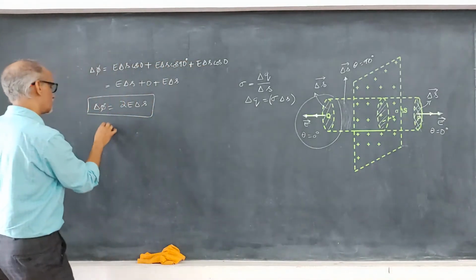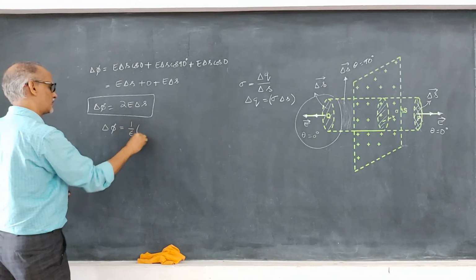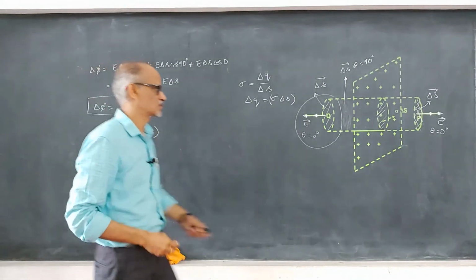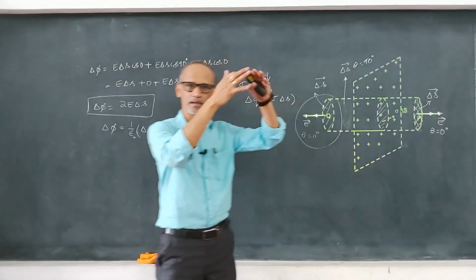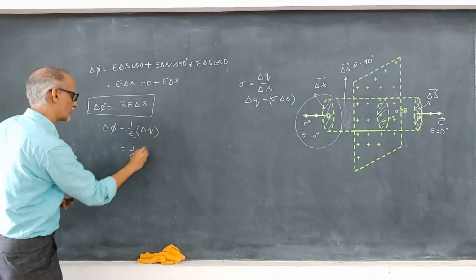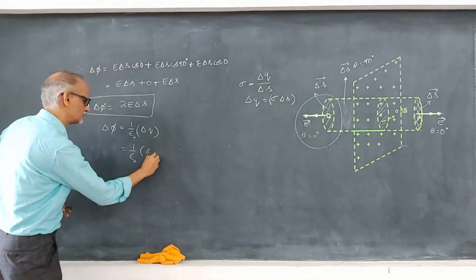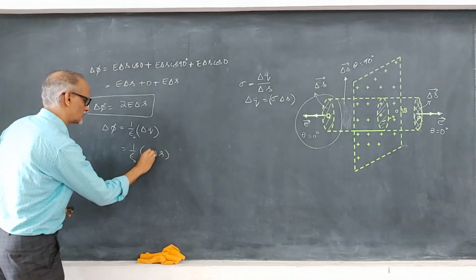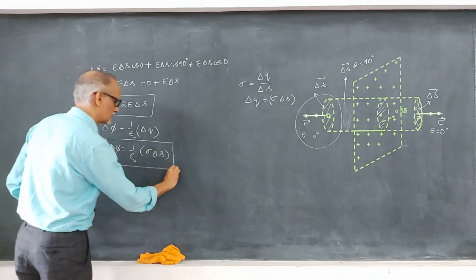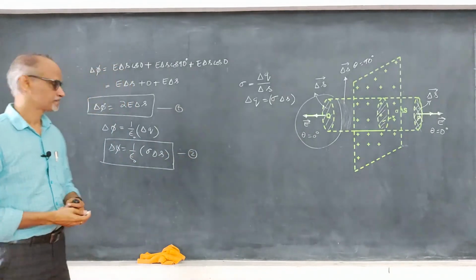Now, according to the Gauss theorem, the flux is equal to 1 by epsilon naught times the total charge enclosed by the closed surface. Total charge enclosed only, not on the entire sheet, which is delta Q, that is 1 by epsilon naught into delta Q, which is nothing but sigma into delta S. That gives you the flux through the entire Gaussian surface.